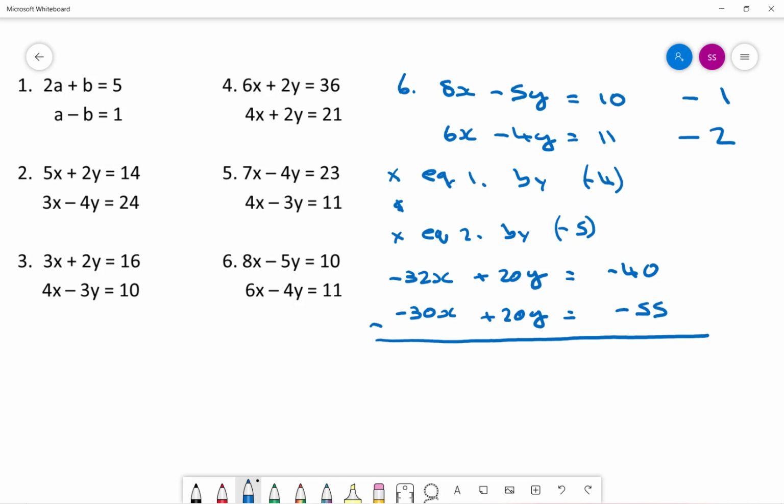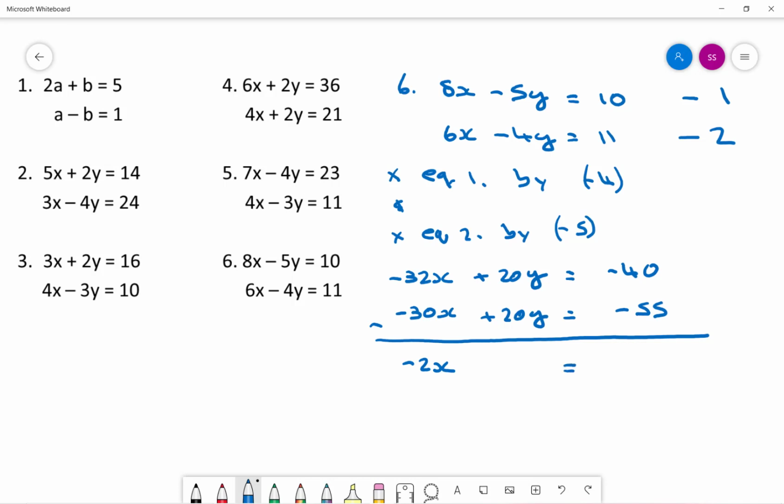So if I subtract the negative 30x plus 20y equation from the negative 32x plus 20y equation, my y's will cancel. So negative 32 minus negative 30 becomes negative 32 plus 30, which gives us negative 2x. 20y minus 20y gives me nothing.